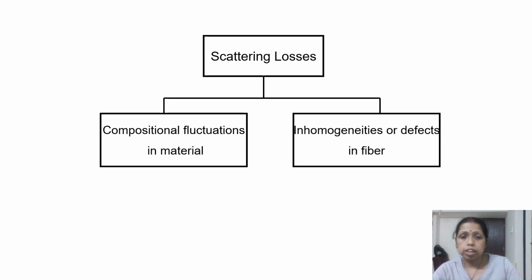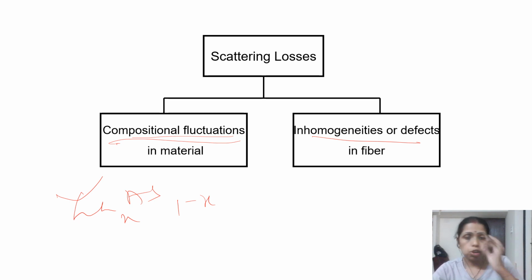Now come to the scattering loss. Scattering loss is due to compositional fluctuation and inhomogeneity. For compositional fluctuation, take gallium arsenide, suppose it is x in 1 minus x. In some location of the fiber the material is properly formed, but in another location, rather than getting gallium arsenide, we get gallium 0.9x and arsenic 1 minus 0.9x.